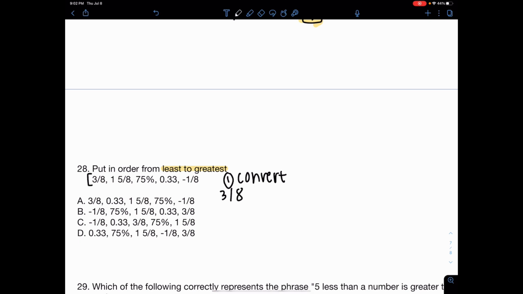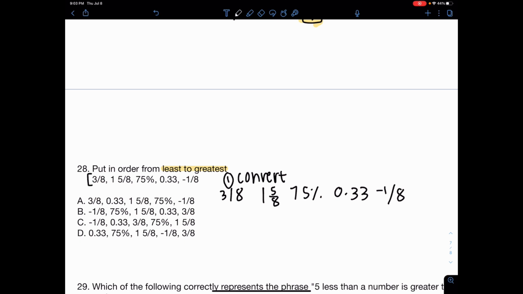So 3/8, 1 5/8, 75%, 0.33 is already a decimal, so we can leave that one obviously. And -1/8. Alrighty, let's go ahead and convert those.